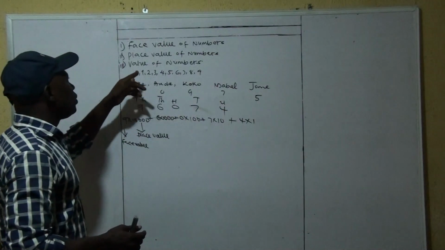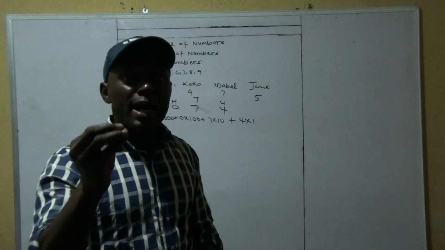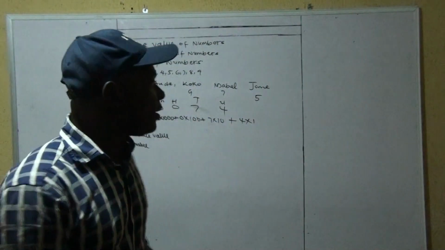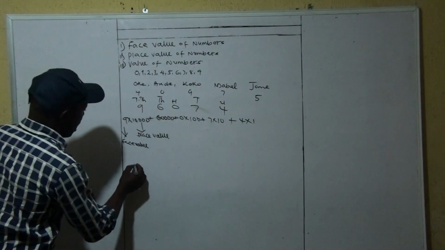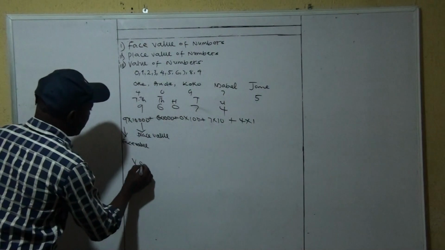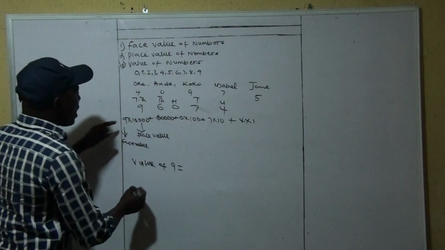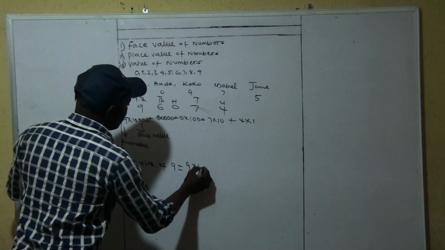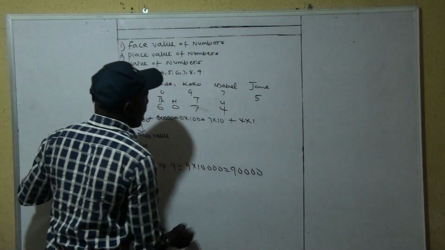Then what is the value of a number? The value of a number is the product of the face value times the place value. So the value of 9 will be 9 times 10,000, which gives us 90,000.